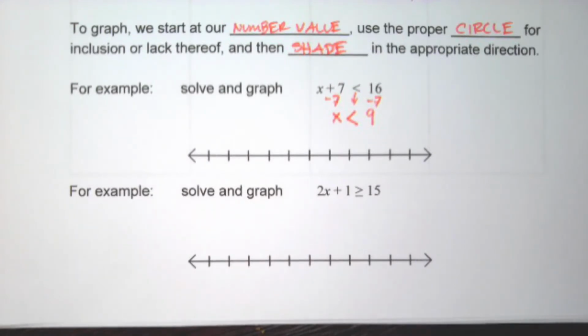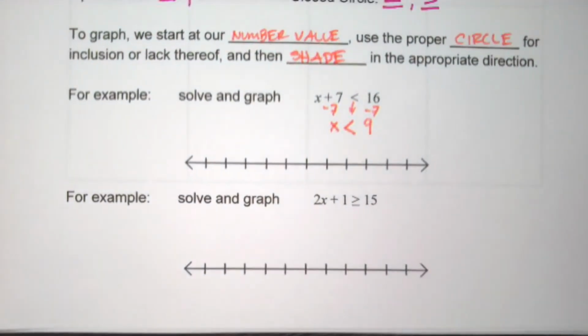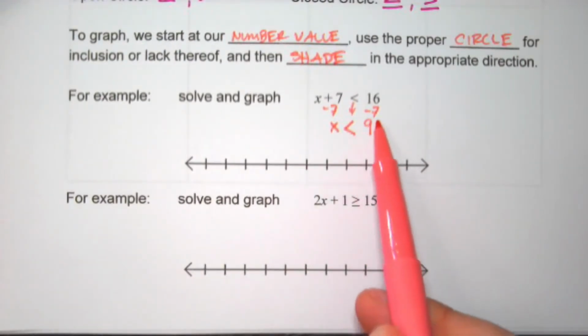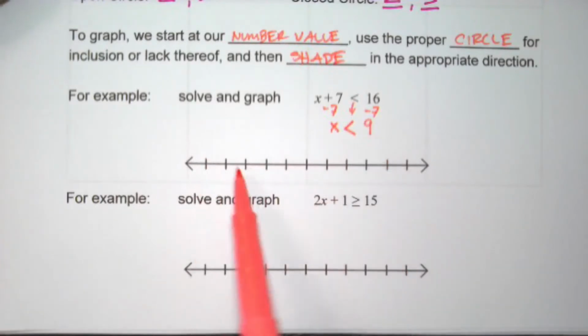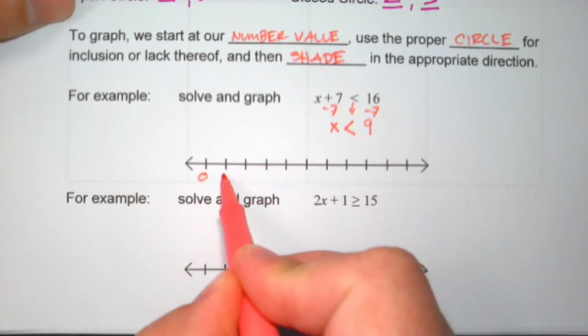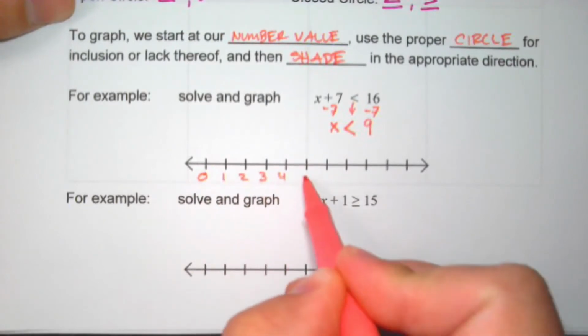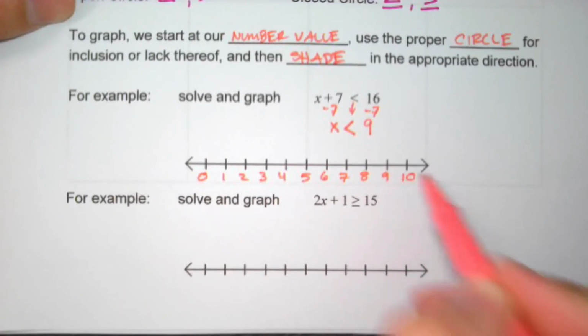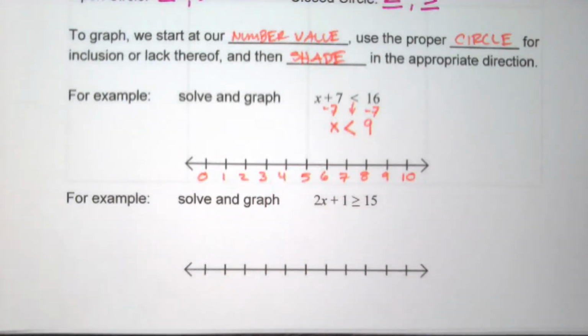So we go to our number line. For right now, it's blank, so we can number it how we want. If I'm dealing with the number 9, I'm going to need quite a bit of room. So I might start down here at 0. 1, 2, 3, 4, 5, 6, 7, 8, 9, and I'm going to add in 10 just so I can see where we're talking about. And then I'm just going to run through those 3 steps.